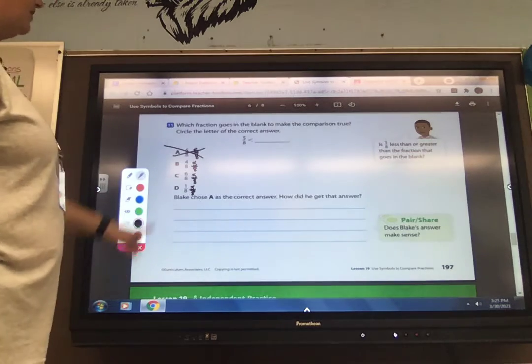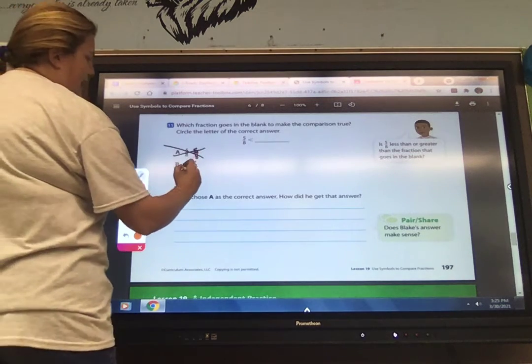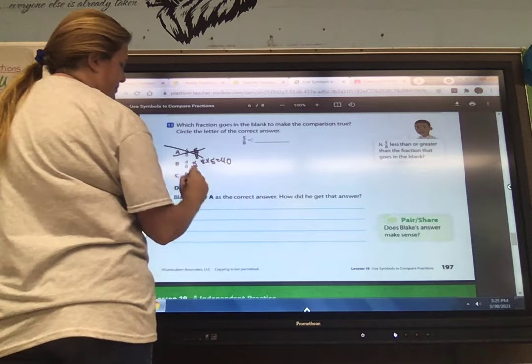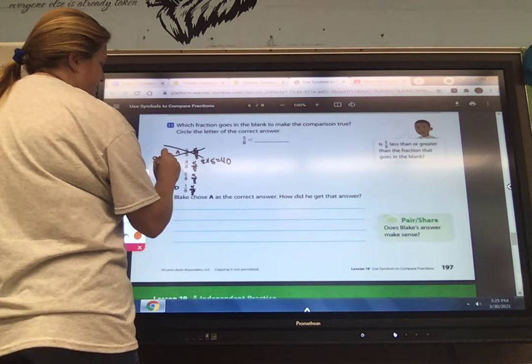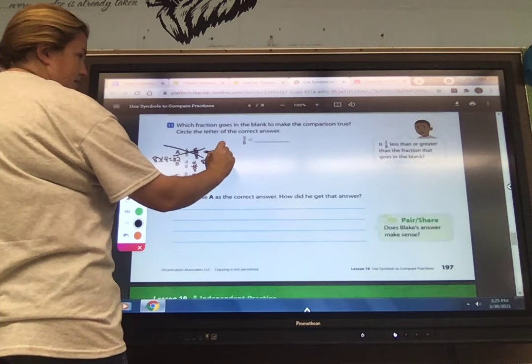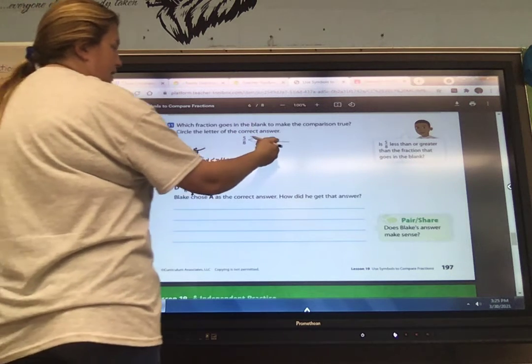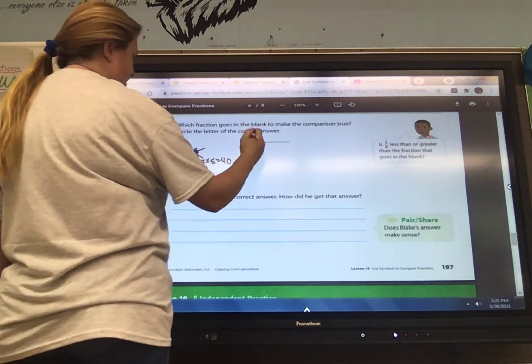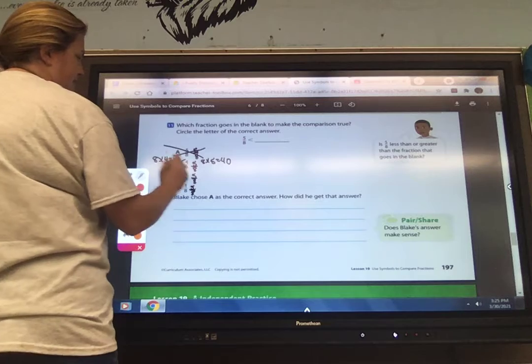They're equal. All right, let's try this one. 8 times 5 is 40. Bottom up, 8 times 4 is 32. 32 is less, right? But we're looking for the one that's bigger, right? We want 5/8 to be less, so that one's out.